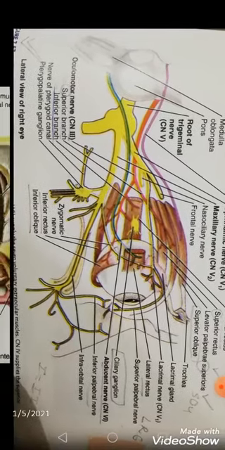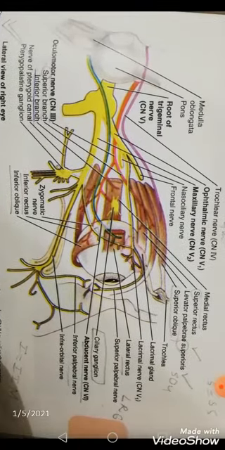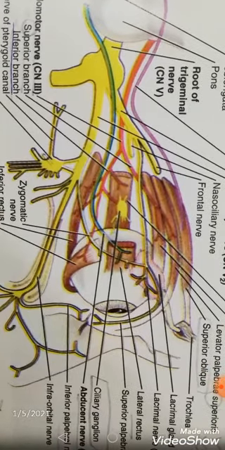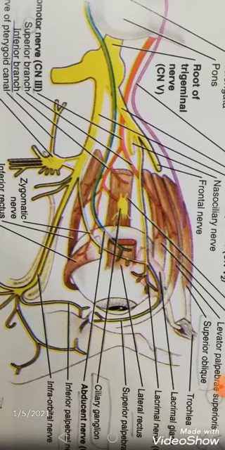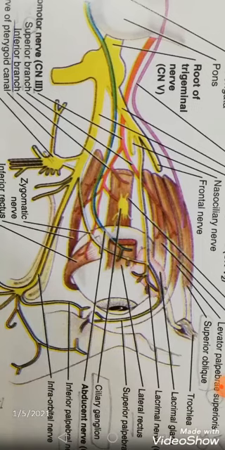So here we are interested to see that this ciliary ganglion has three main connections, or roots, having collections of fibers.